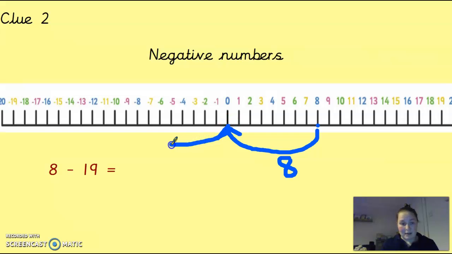So I can jump down 11 more. And now I've taken away 8 and I've taken away 11. So my answer, what did I land on? I landed on minus 11. So that's what the answer here would be, minus 11. Okay, if making the 2 jumps is a little bit tricky, you can literally count 19 and you'll end up in the same place. Hopefully that should help you with clue number 2.